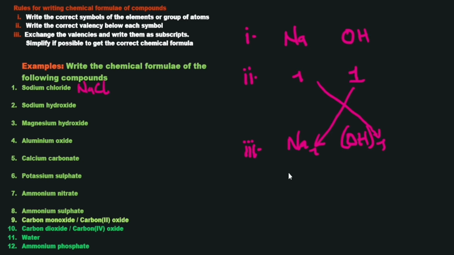So we expect that the chemical formula should be Na(OH)1. And now, since we don't include 1 when writing chemical formulae, we'll say that the chemical formula of sodium hydroxide is NaOH.